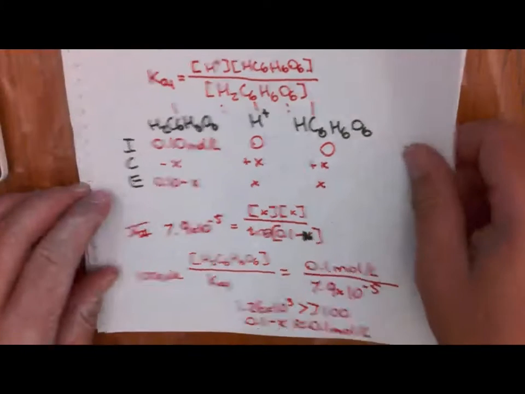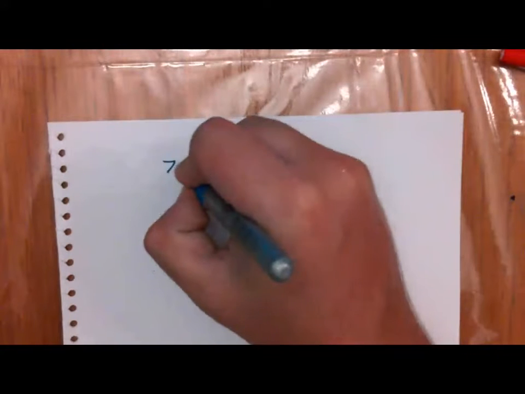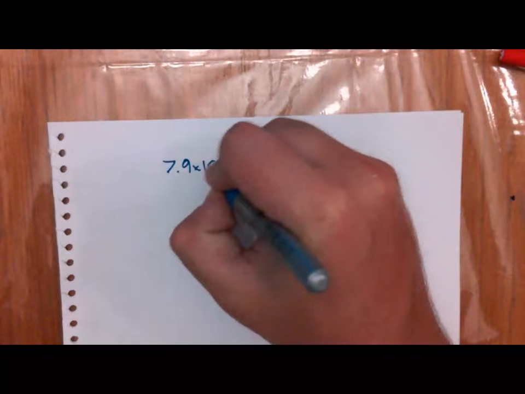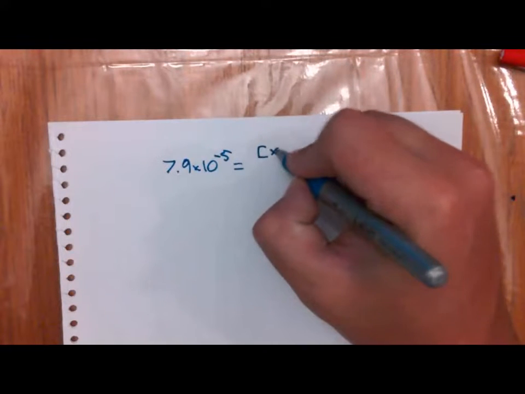So I'm just going to flip over to the next page. So I'm just going to quickly now sub everything back in for my Ka1 equation. So let's do this one in blue. 7.9 times 10 to the negative 5 is going to be equal to concentration of x.